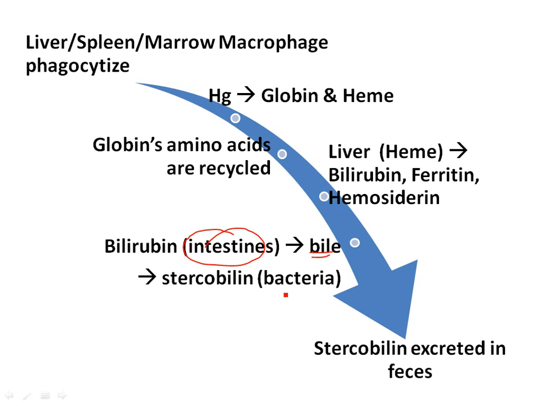Along the way, bacteria act on it and convert it into stercobilin, and it's really stercobilin that's excreted in the feces. So you can see when we break down a red blood cell and we deal with that hemoglobin, as much as possible is going to be recycled, and the last little bit that we can't really recycle well gets excreted. Just like with everything else, you should have a good understanding of this process and all the molecules along the way.